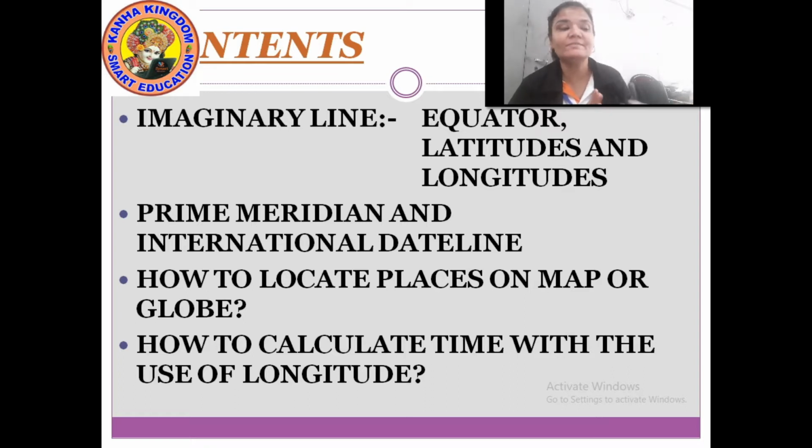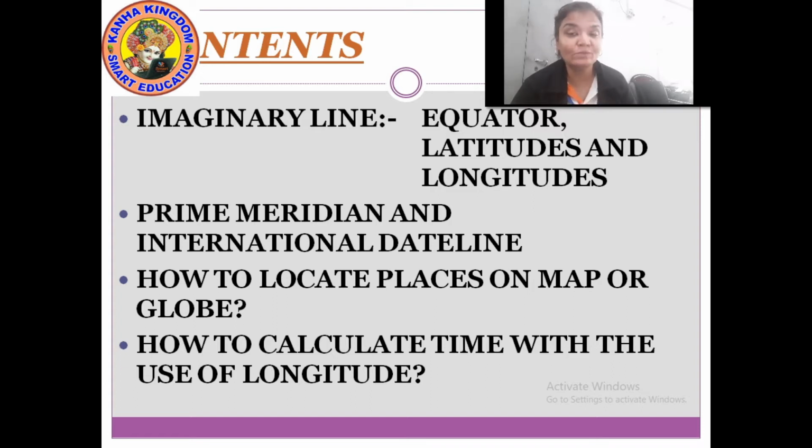We had discussed the longitudes, that unlike latitudes, these lines are not parallel to each other. And what are the numbers of latitudes and longitudes?